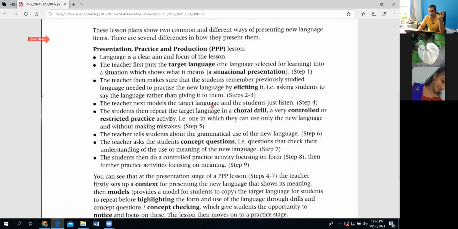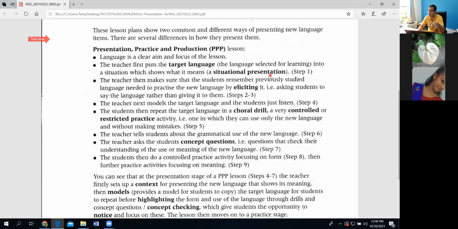And now first the PPP method. One, language is the clear aim and focus of the lesson. Clearly focusing on what needs to be taught. Two, the teacher puts the target language, the language selected for learning, into a situation which shows what it means. Situational presentation, that is what it is called.